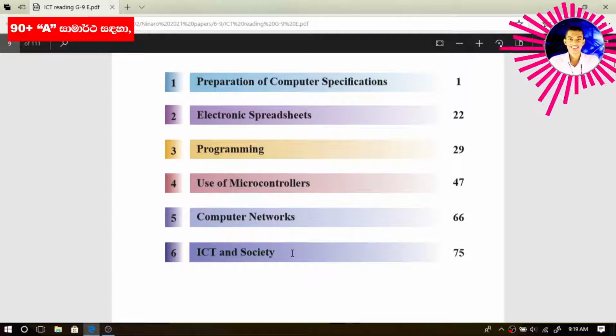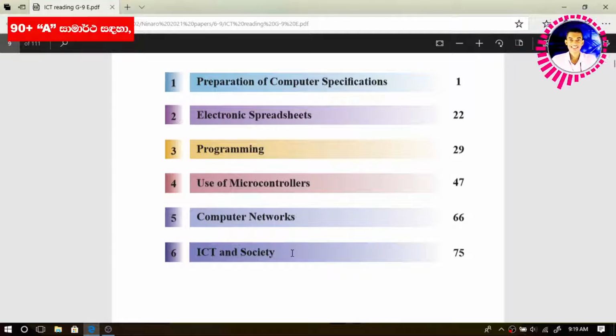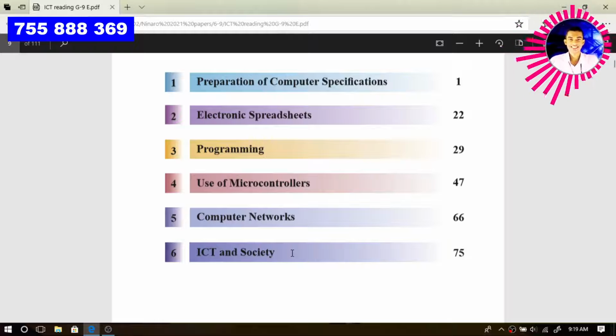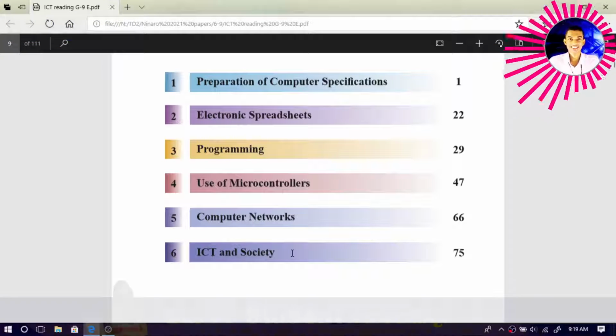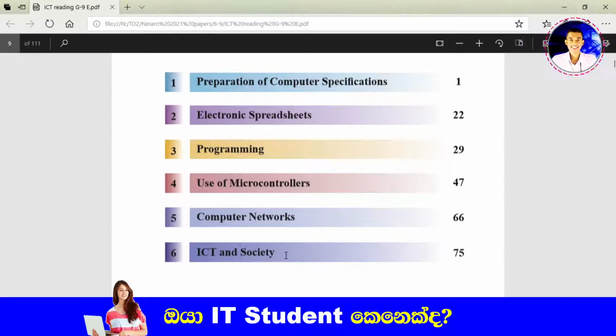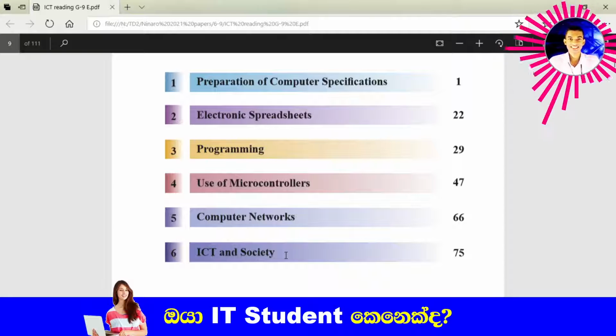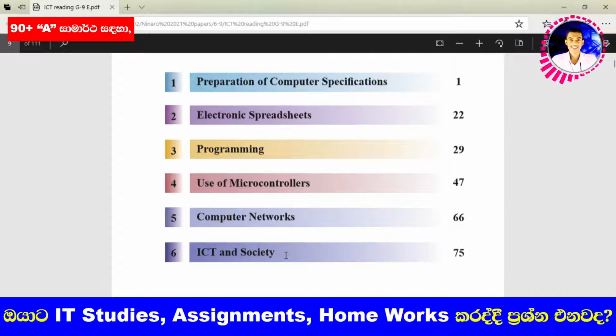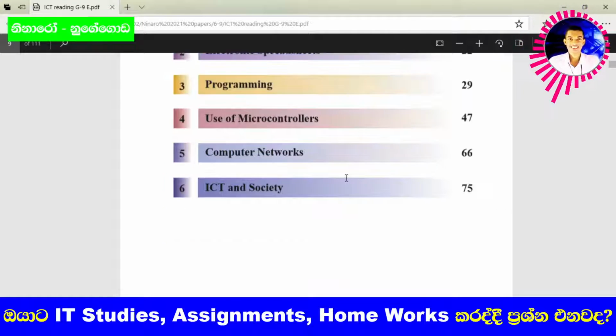As an example, if we get addicted to playing computer games, that can be a problem for our educational studies. But we have educational games. Therefore, after completing this lesson, you will understand how, as ICT students, you can use ICT effectively for society. Okay, we can move into the first lesson.